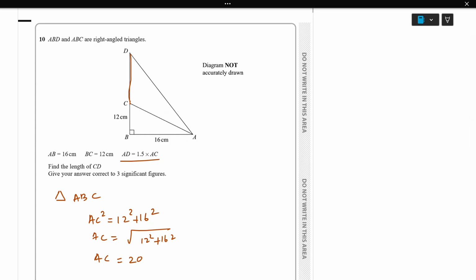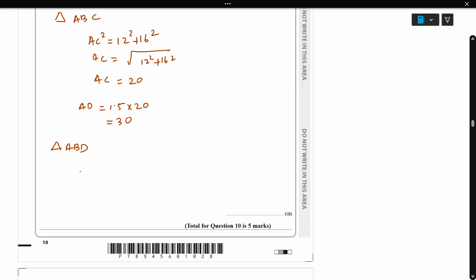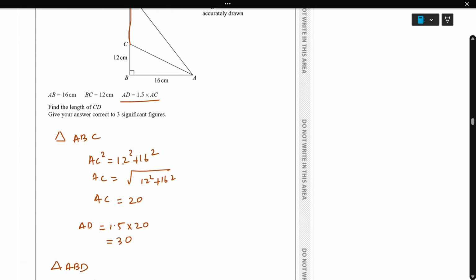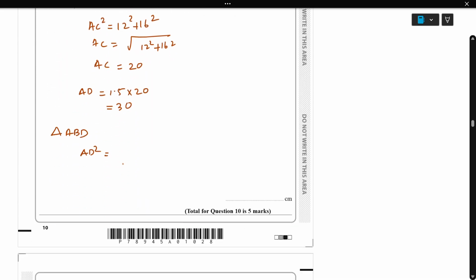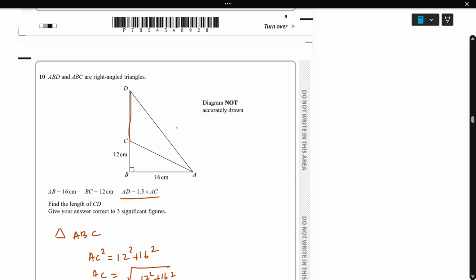AD square equal to AB square plus BD square. Here what we need to find out? We need to find BD.